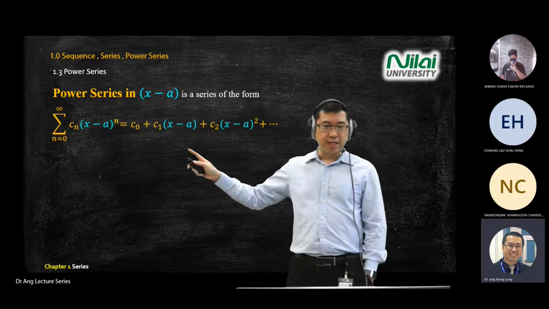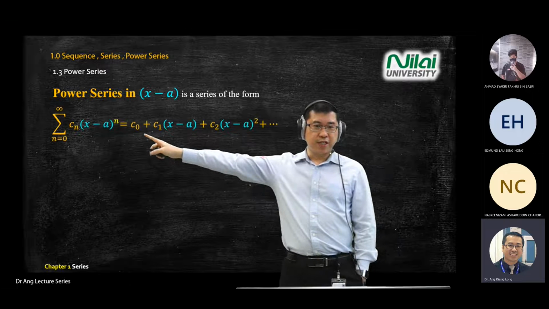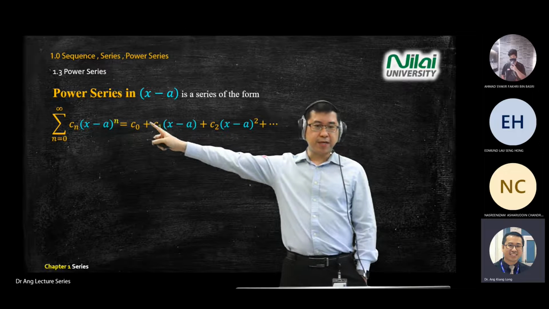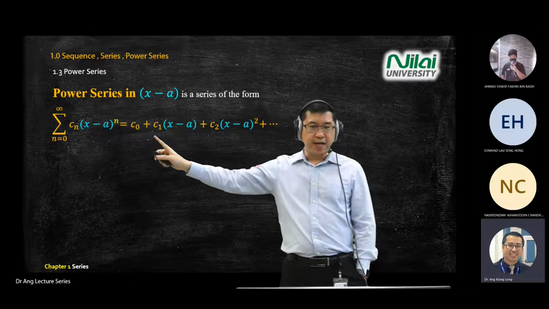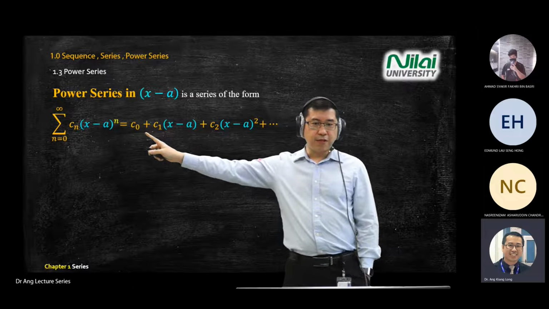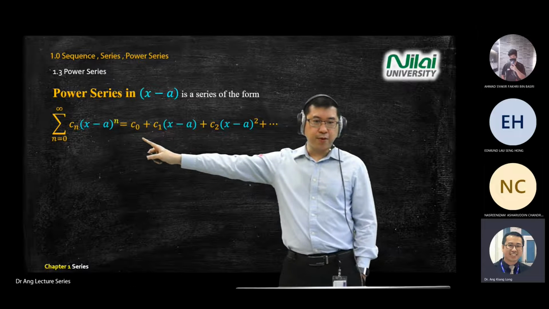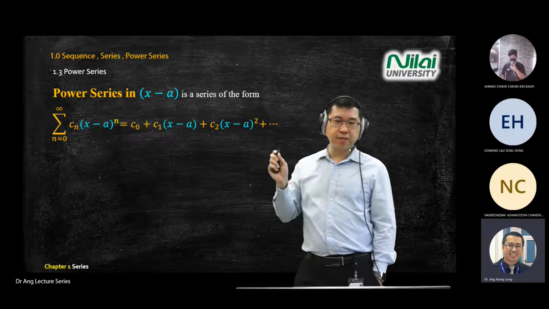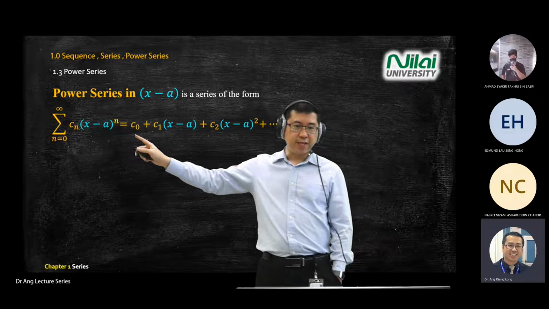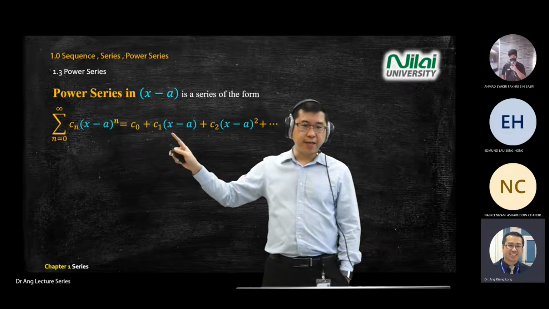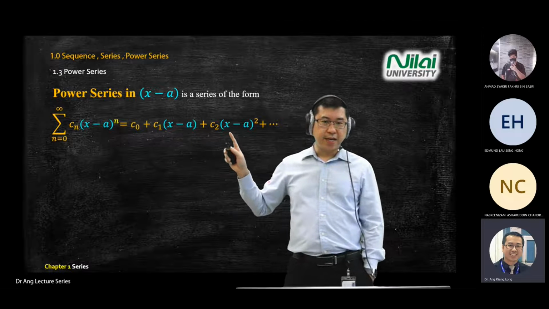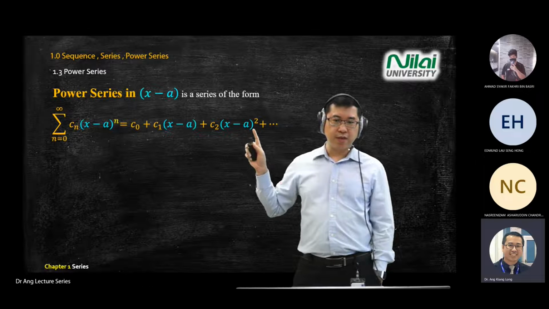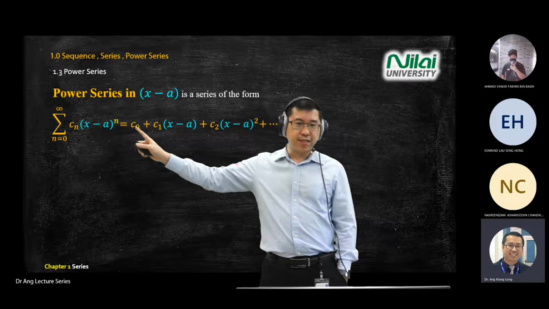So you can see our equation changed a little bit. We replace x with x minus a, and the first coefficient we label as c sub n, where 0 means initial, the starting point. So c0 plus c1 times (x minus a) plus c2 times (x minus a) squared.